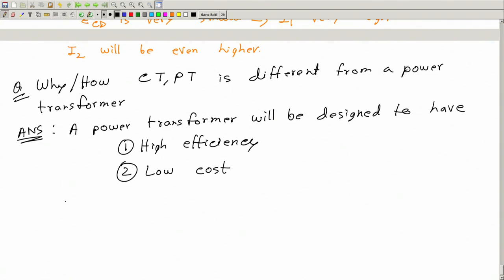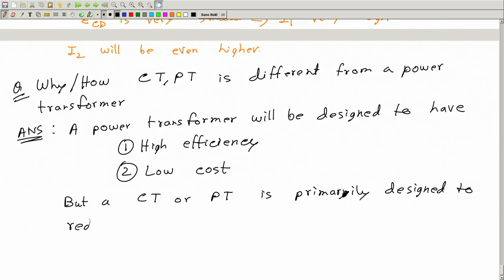But an instrument transformer, a CT or PT, is primarily designed to reduce what?